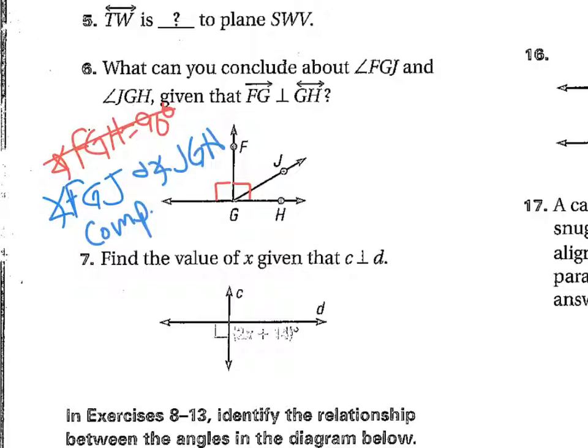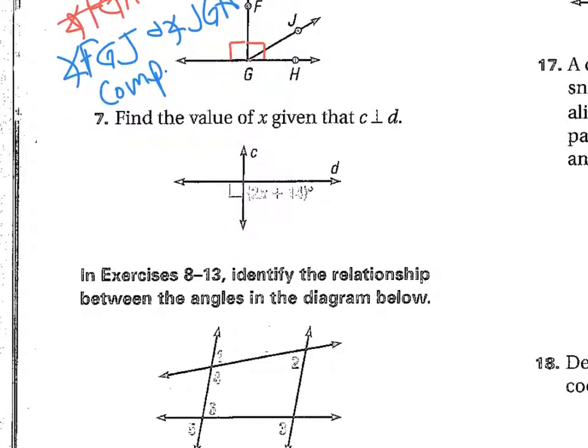Okay? Number 7, we'll just talk about this one real quick. This is 2x plus 14. This is a 90-degree angle. It says solve for x, and given that C is perpendicular to D, so that really means this is 90 degrees. Just set your equation so that they're equal to each other.